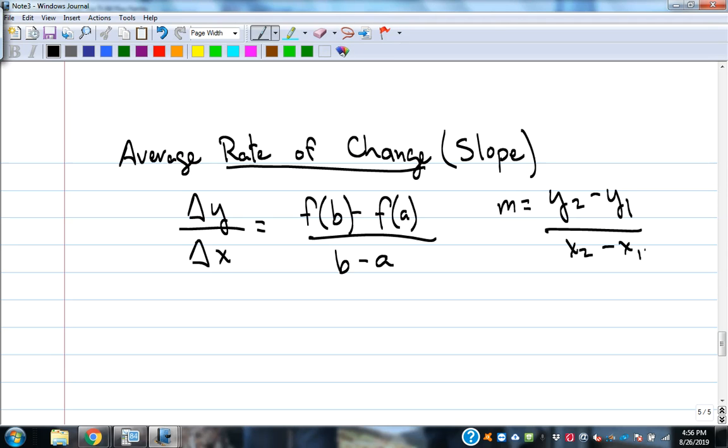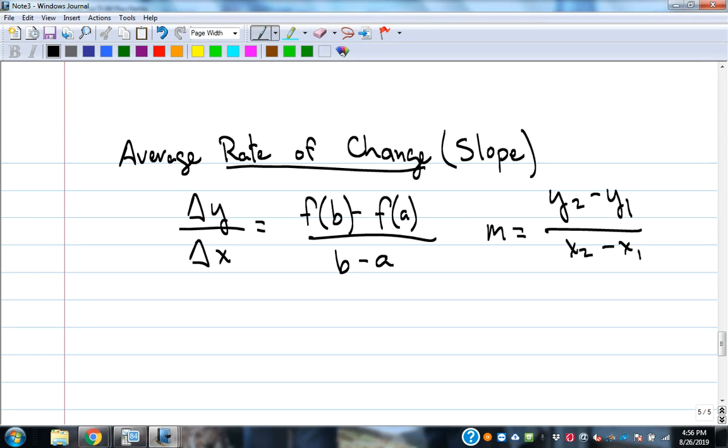That may be more familiar to you. That m was what we called slope. x2 and y2 were an ordered pair, and x1 and y1 was another ordered pair. And when we're trying to find the average rate of change, we're just trying to find the slope over a certain interval. That's going to get us the average rate of change.